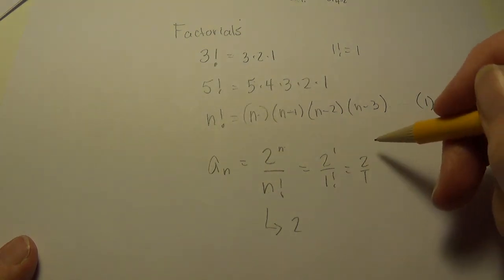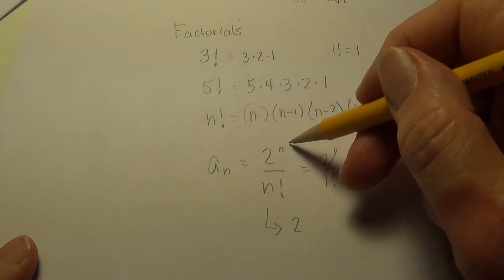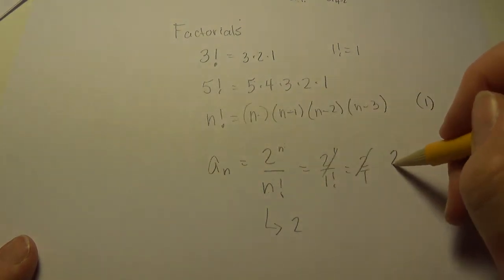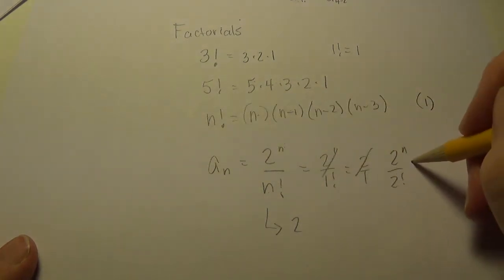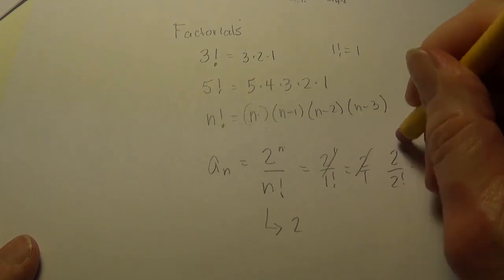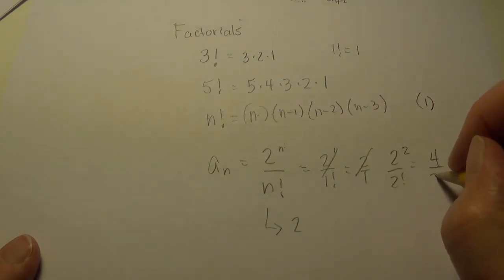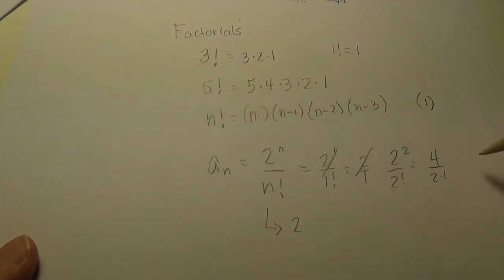The second one: now we're going to put a 2 in here, 2 to the 2 over 2 factorial, which is 4 over 2 times 1, which is 2.